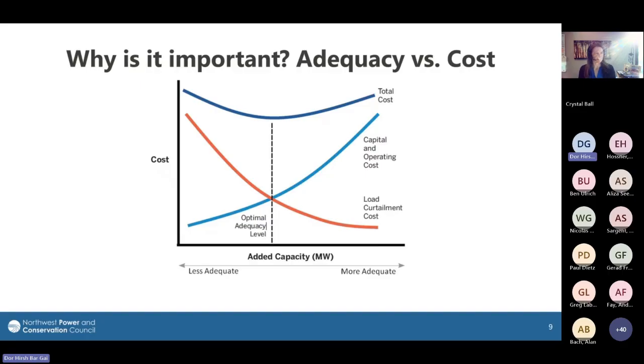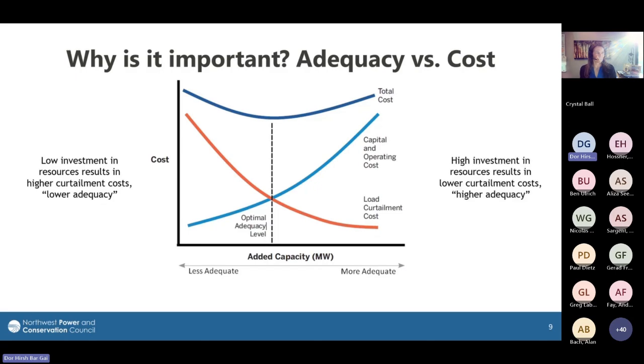There is a point, as you can see from the top line, that suggests an inflection, some balance where there are enough megawatts that the cost seems to minimize from a total cost perspective. And from an adequacy side, a lower investment in resources, the left side of the graph, might lead to lower adequacy because we still have high curtailment costs, and a higher investment in resources could suggest lower curtailment costs as well as higher adequacy.